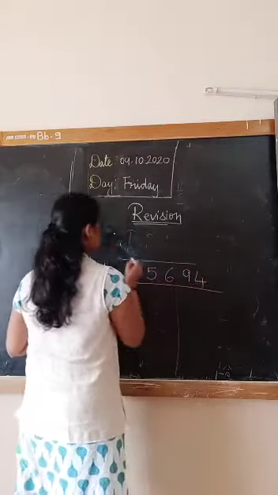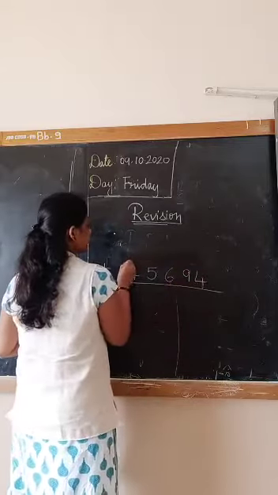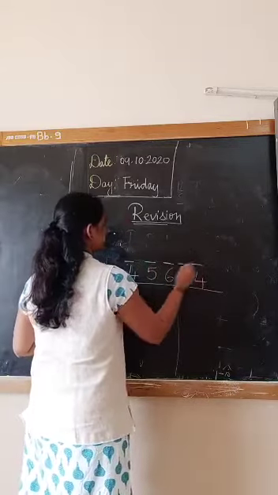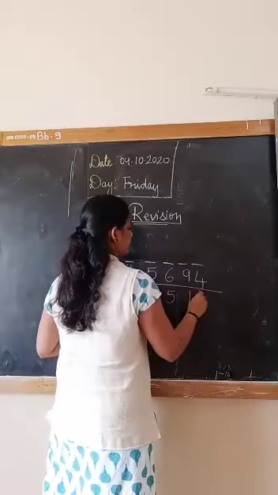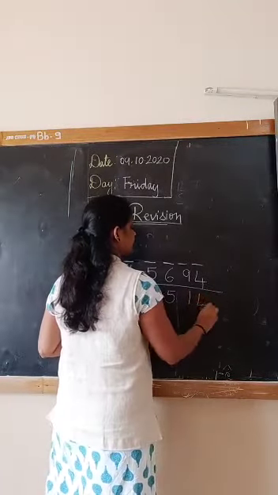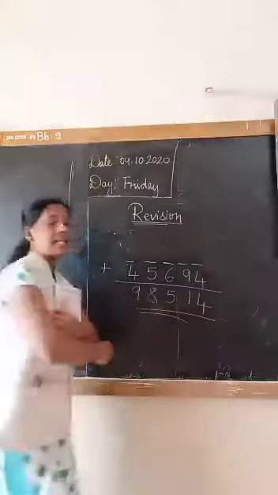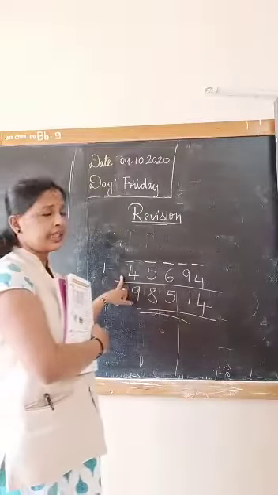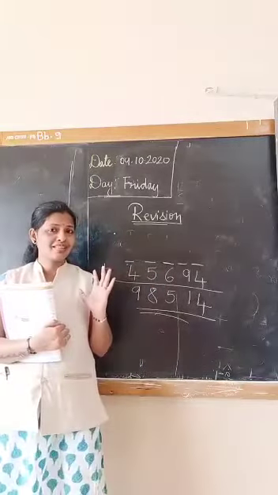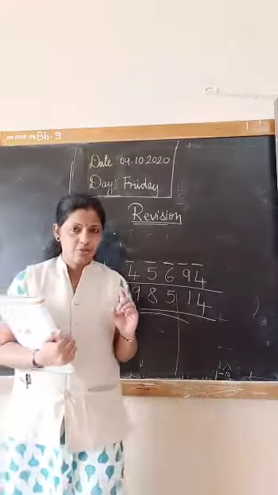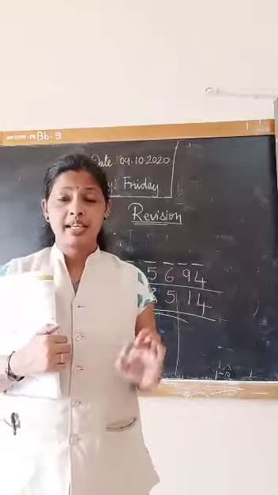So the answer is 98,514. So the answer is given, the second addend is given, but the first addend is missing. How to do it? Do you remember this? Yes, I had told you. So let me repeat it once again.